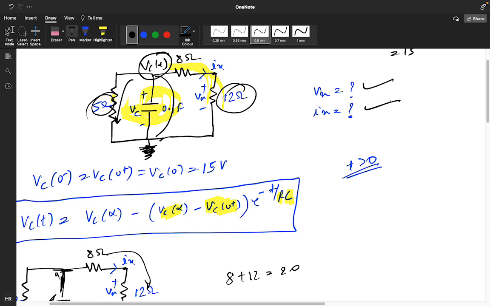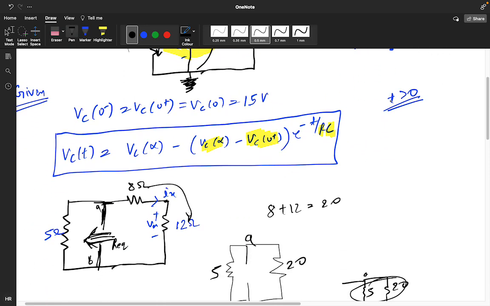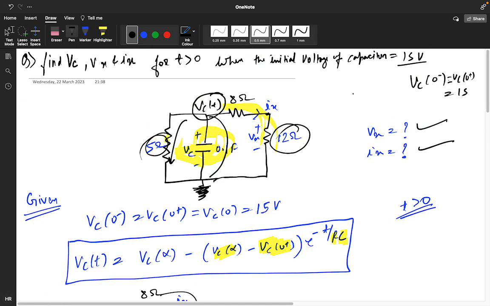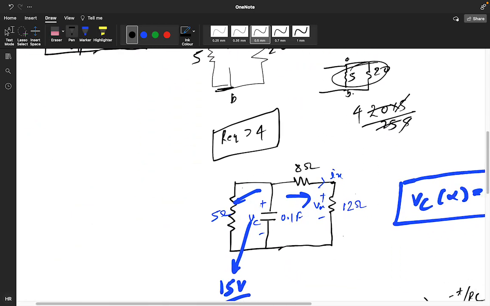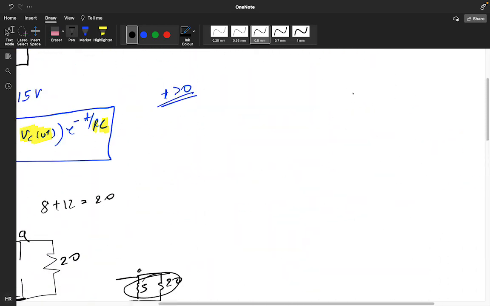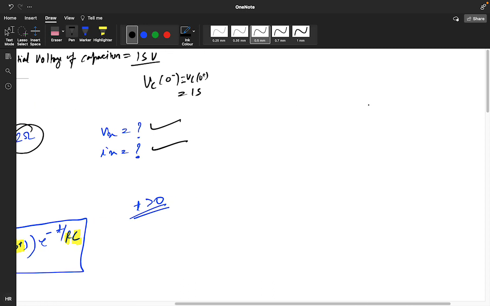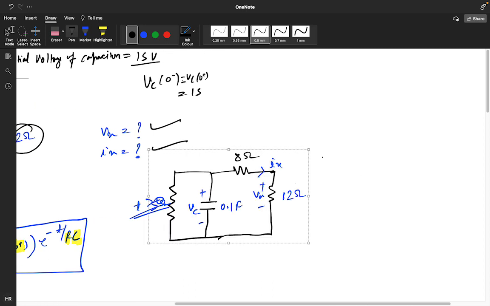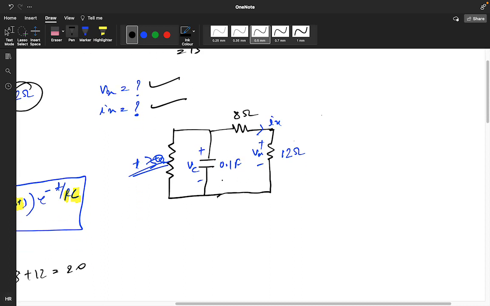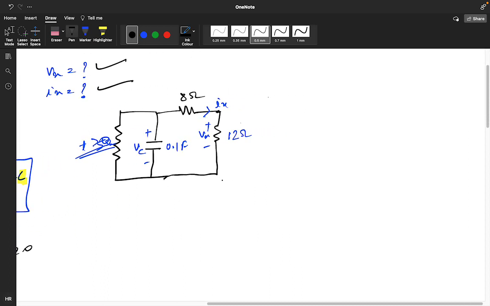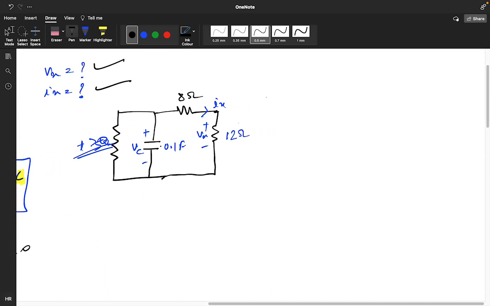Okay. So this is the thing we have to discuss, and I just want to tell you one thing. How can we draw this particular circuit? This is my circuit like this. In an exam they can also give the question like this.